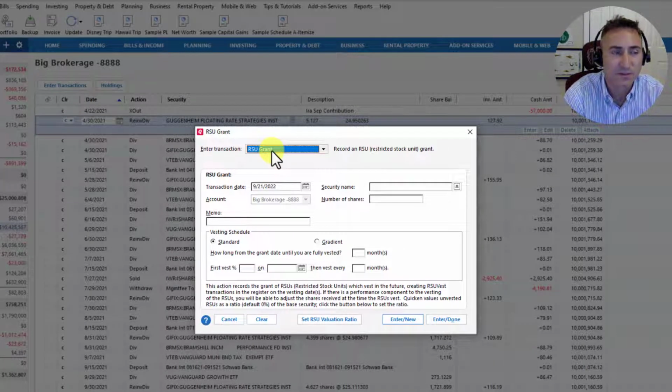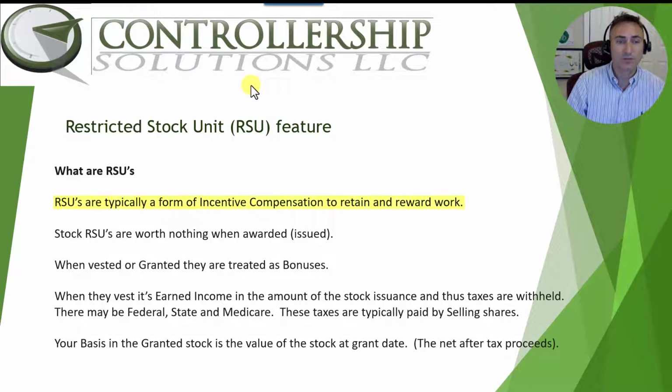But first, let's talk a little bit about RSUs. RSUs are typically a form of incentive compensation to retain and reward work. They're very popular with startups and in Silicon Valley, and they are also popular with bigger companies that are looking to retain mid-level, senior level, and executives.